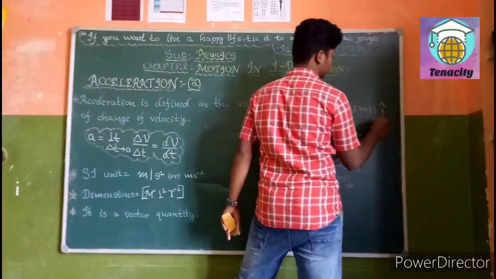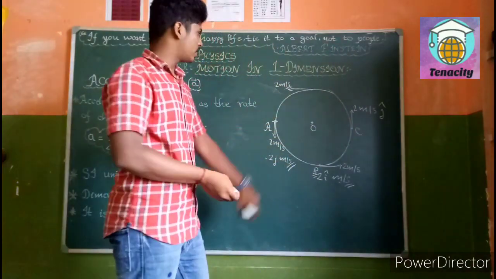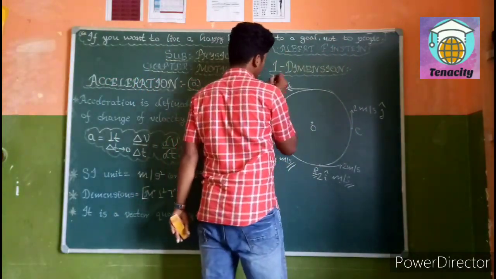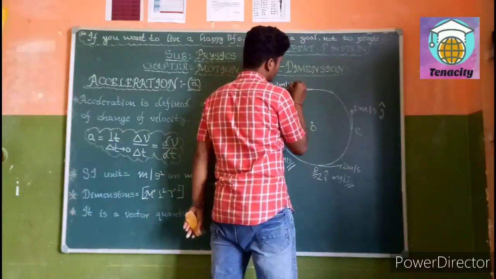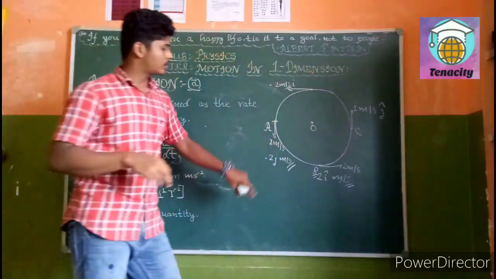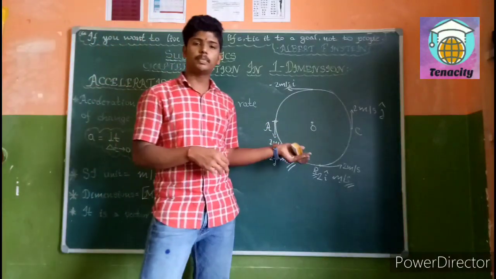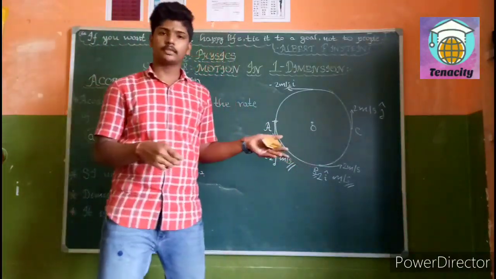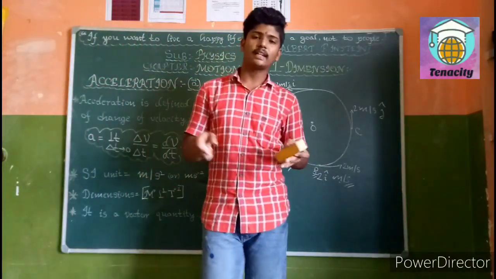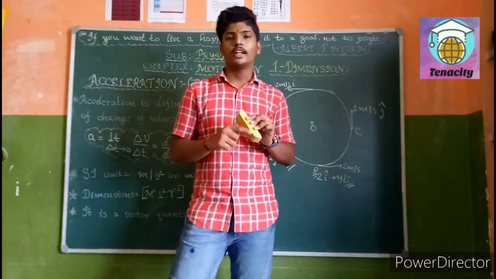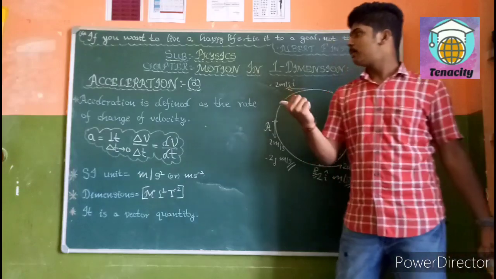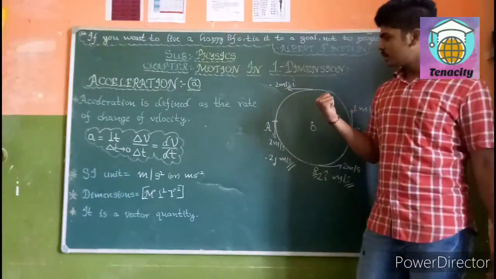Here j cap is in the upward direction. Here again you will say it is changing its velocity by minus 2 i cap. So it is an example of accelerated motion. So any circular motion is said to be accelerated. So this is the part of acceleration.